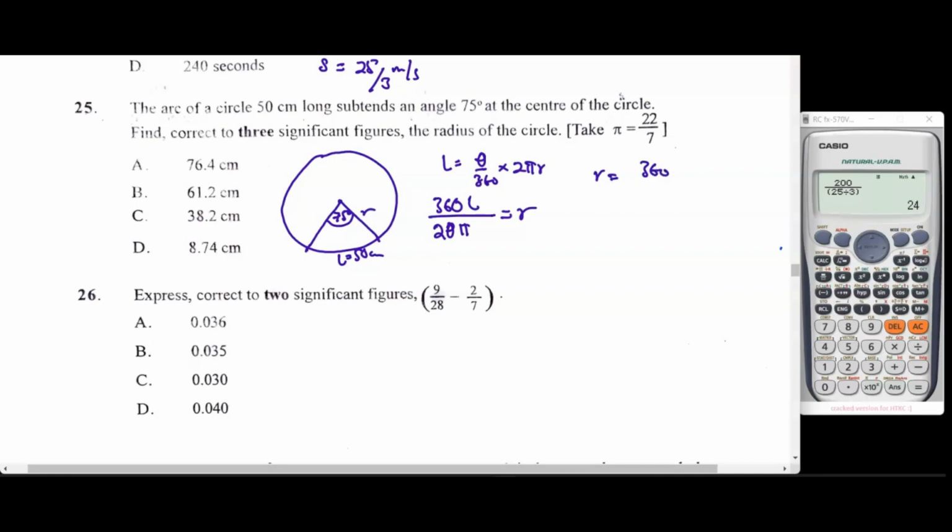You can reduce it before making your substitution, or you can still maintain it and go ahead. 360 multiplying the L value, which is 50, all on 2 times the angle theta, and the angle theta was given as 75. Then multiplying the pi value, which we know as 22 on 7, close bracket. So just program straight ahead on the calculator so that your final answer will be given.